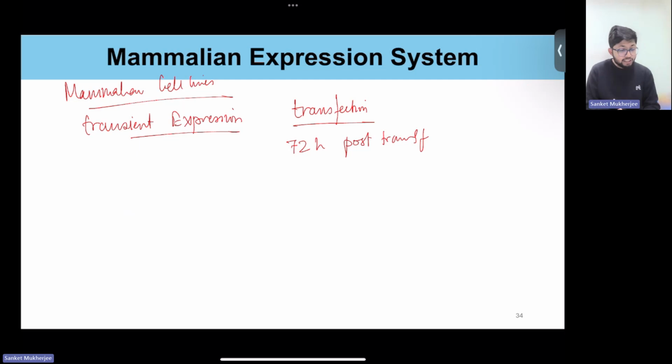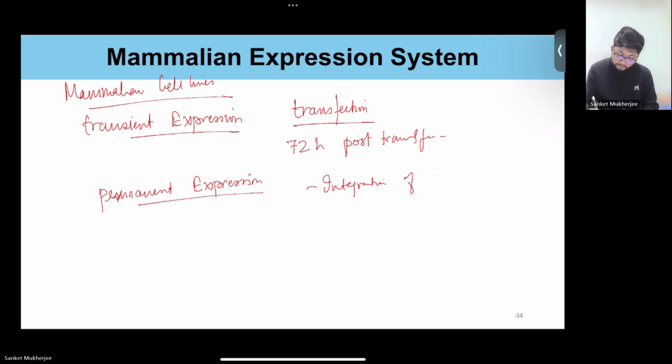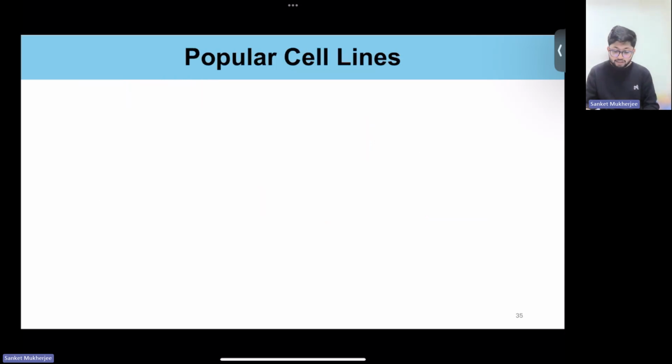Or there could be permanent expression. That is, we have integration of foreign DNA into the genomic DNA. So we form specialized cell lines with such protein synthesis machinery.